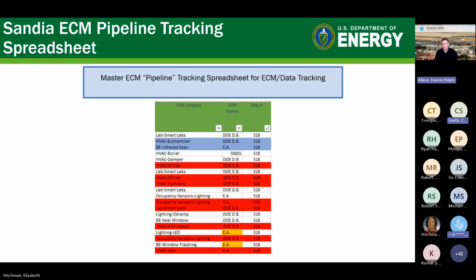We also have additional information on how we're going to fund the ECM, where it's going to be tracked in those cases, and where it is towards implementation. If it's part of a project, is the project at 60%, 70%, or 100%, and so forth. Next slide, please.